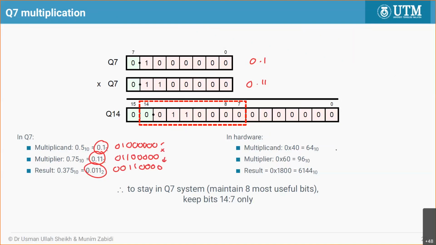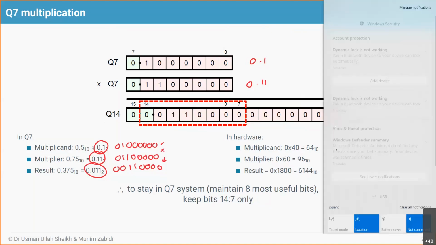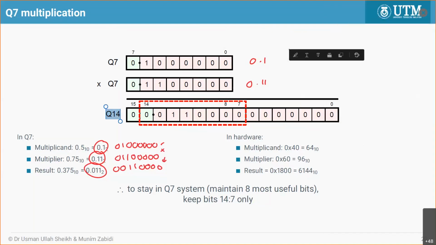But the hardware doesn't behave like you expect, because the hardware does things in integer. Correct? Yes. So integer hardware, what they will do is multiply this number 40, which is this one, in hardware. It will do this 40 times 60, and I will get 1800 hexadecimal.